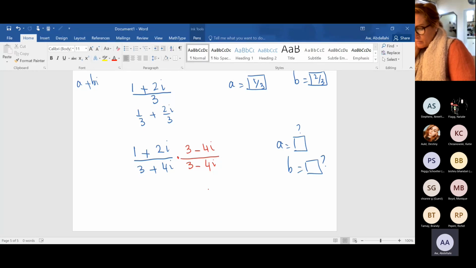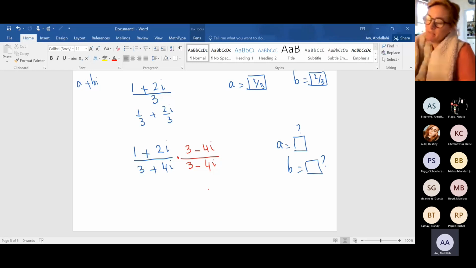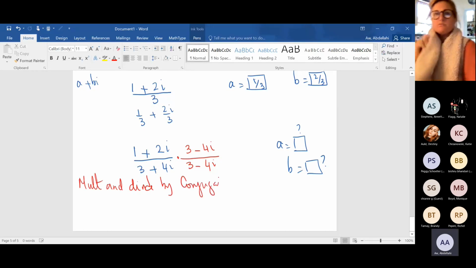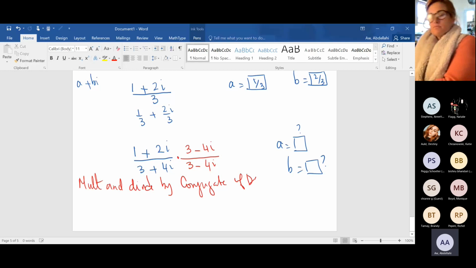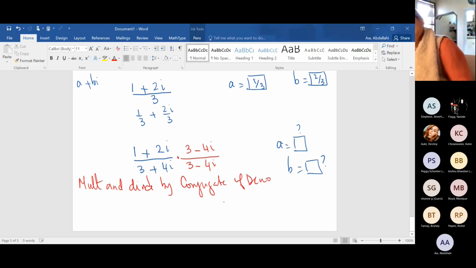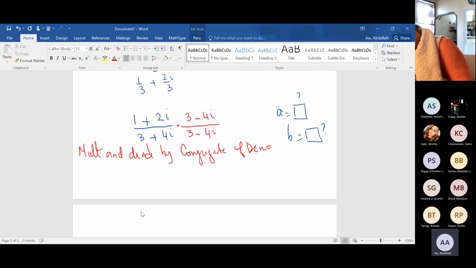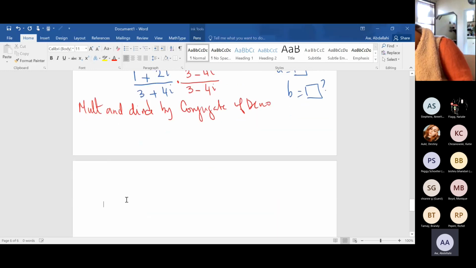So multiply and divide by the conjugate of the denominator. This is what you're always going to do.